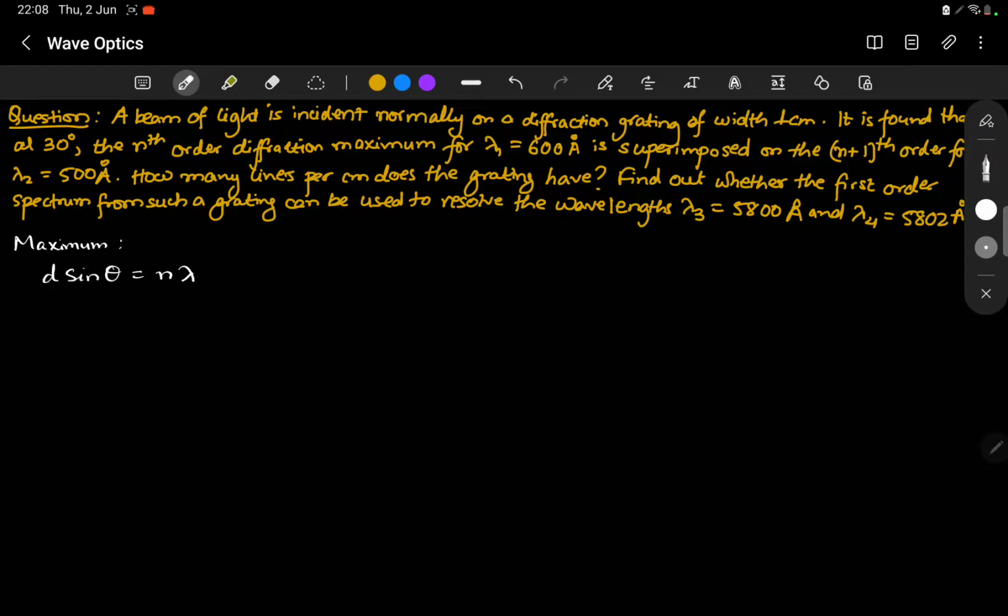So it is basically the separation between two consecutive slits. So let us look at the values given in the question. We are given that d sine 30 degrees is n lambda 1 and d sine 30 degrees is also equal to n plus 1 but for wavelength 2. So if we take the ratio of this, then we get the following.